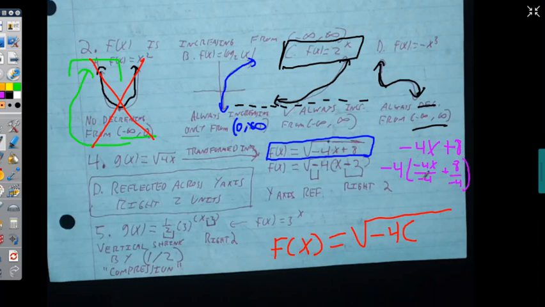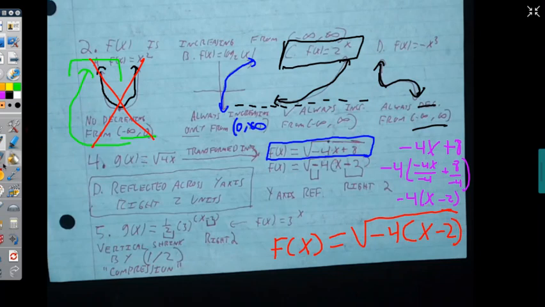Alright, what's negative 4x divided by negative 4? X. So that's negative 4 factored out and an x, and what's 8 divided by negative 4? Negative 2. So when I factor out that negative 4, what gets left over is x minus 2.